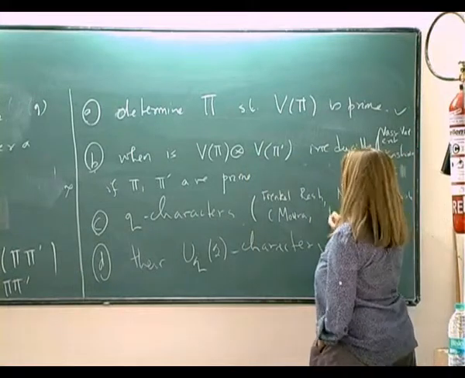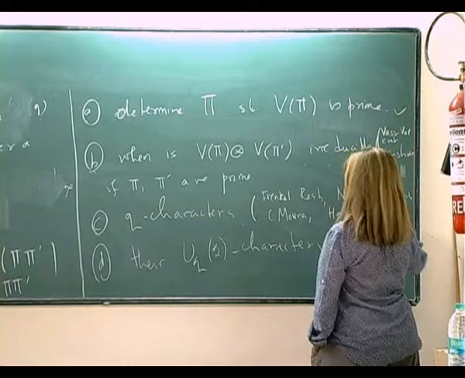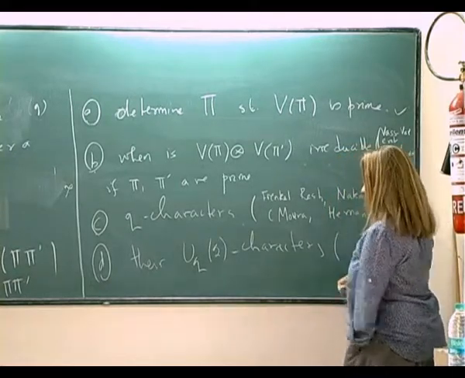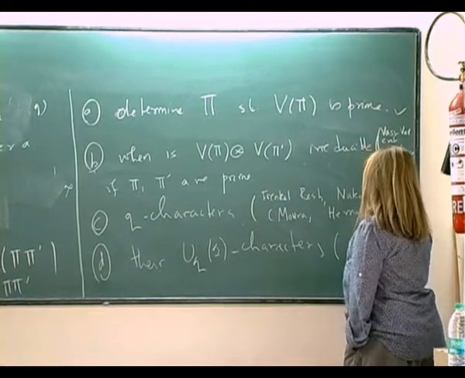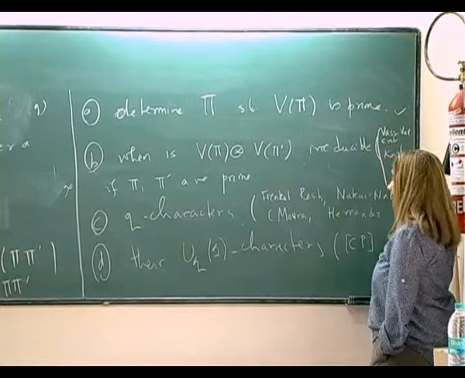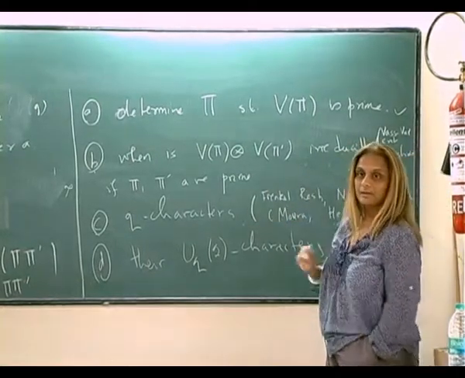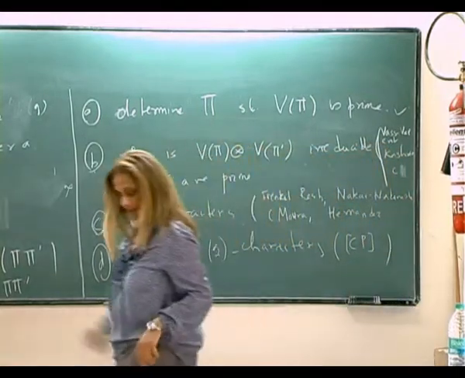And Hernandez, and lots of people have worked on this. Okay. And the U_q(g) characters are also known, and in this case it can be deduced from the Q characters, but they were known before in work that I did with Presley. So for fundamental representations, things are pretty well understood. They are prime for a very simple reason, and you know their Q characters and so on.